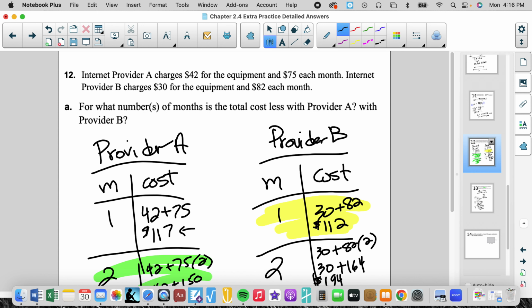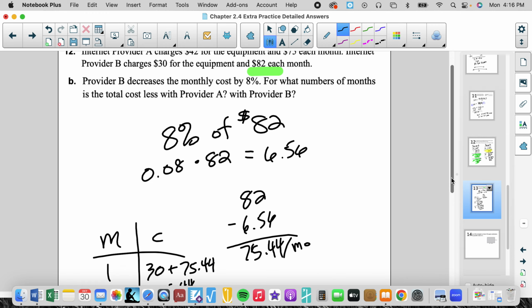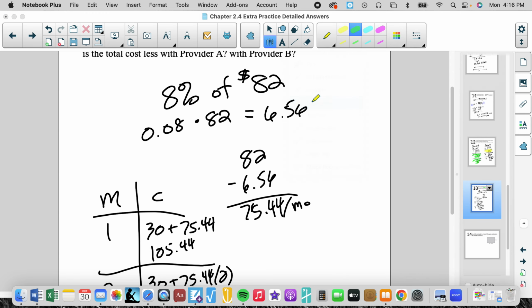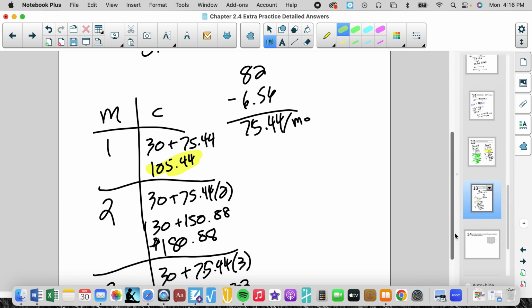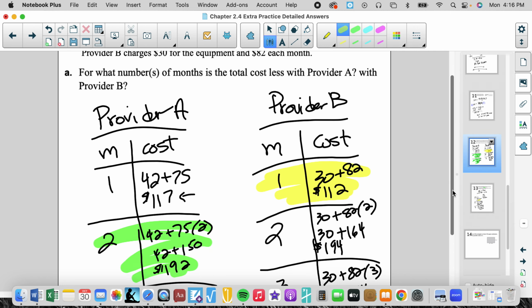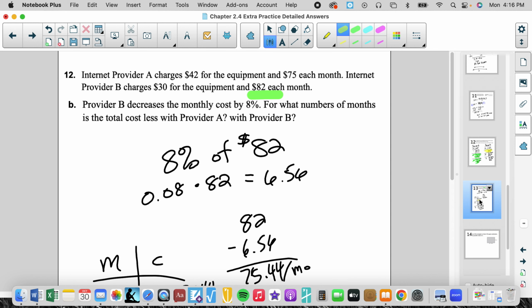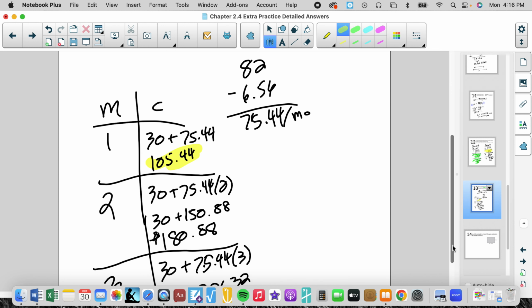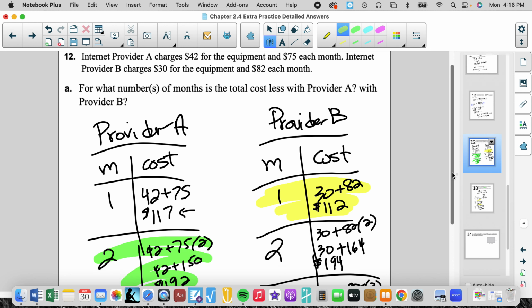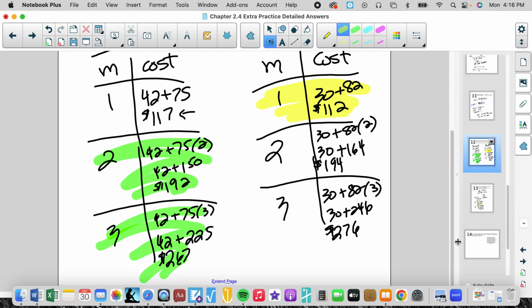So provider B is better in the first month. Now let's look at the second month. The second month is 192, so this is better in the second month. And now let's look at the third month, which is 267.